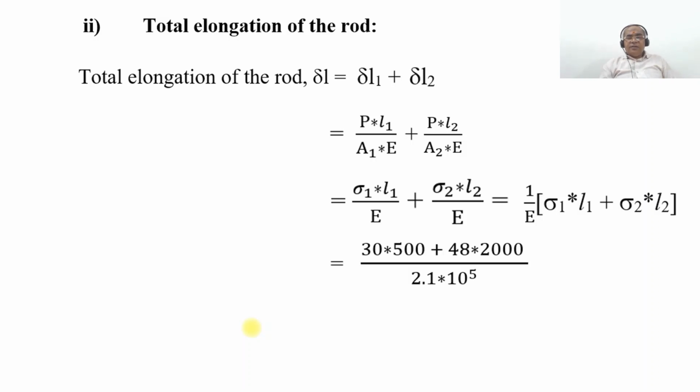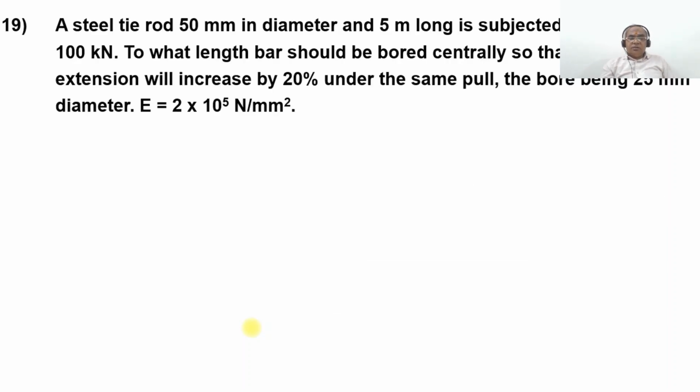We know sigma 1 is 30 and L1 is 500, and sigma 2 is 48 and L2 is 2000. So 30 into 500 plus 48 into 2000, divided by the Young's modulus of the member, which is 2.1 into 10 to the power of 5. On simplification, the total elongation of the rod will be 0.555. So this is how you solve this problem.